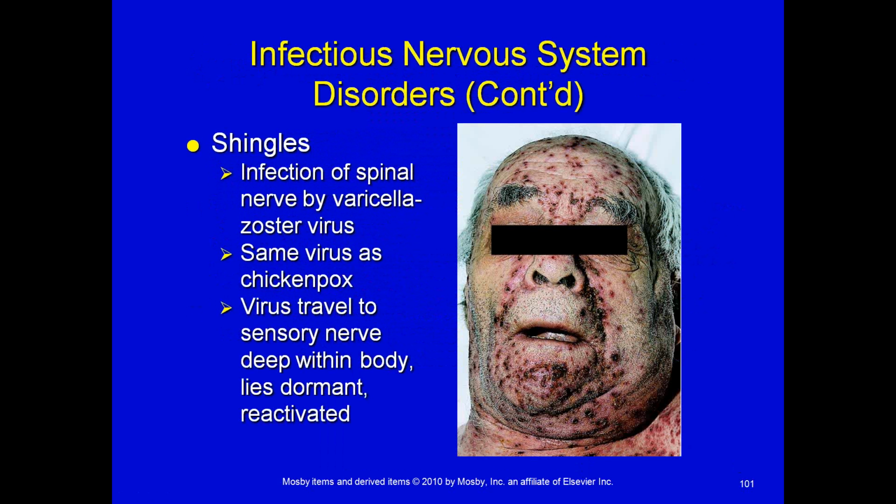Oftentimes, shingles will follow a dermatome, and they present particularly on one side of the body. This gentleman seems to have it on both sides, so he has very advanced stages, a very serious shingles infection. Oftentimes they show up around your belt, they show up on one side of your back, again following a particular dermatome. And as you look at this gentleman here in the slide, you can see this rash, which you could imagine would be extremely painful, and it is.